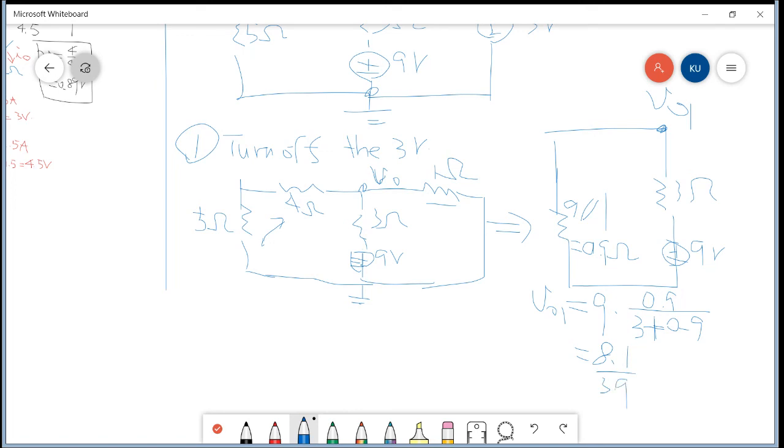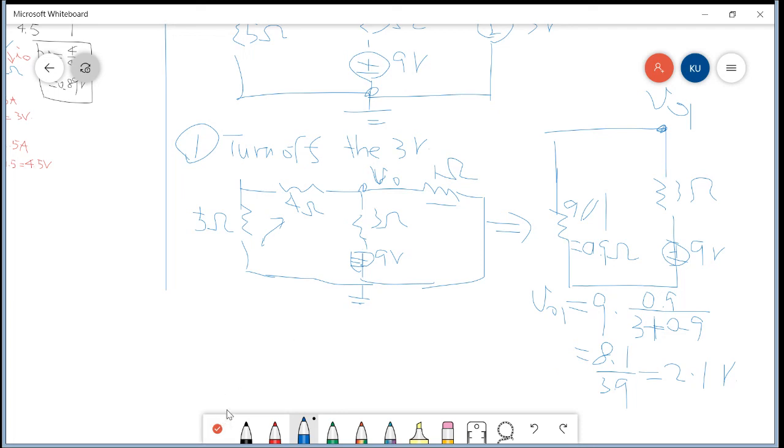So it is 2 point something. 2 times 3.9 is 7.8, a little bit less than 2.1. So 2.0-something volts.